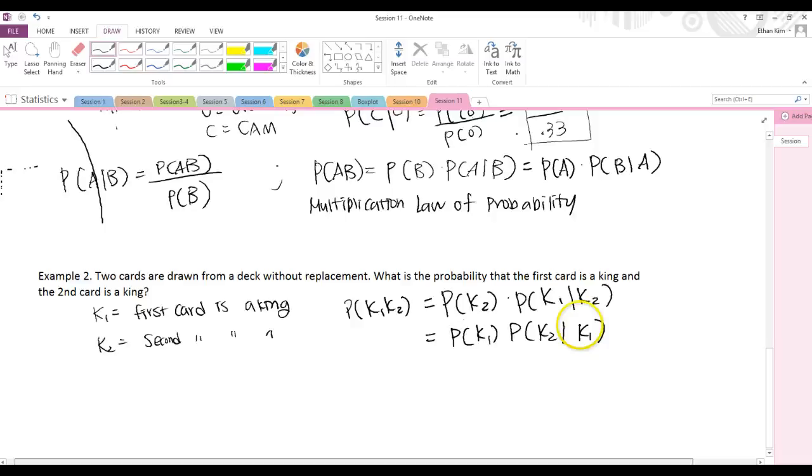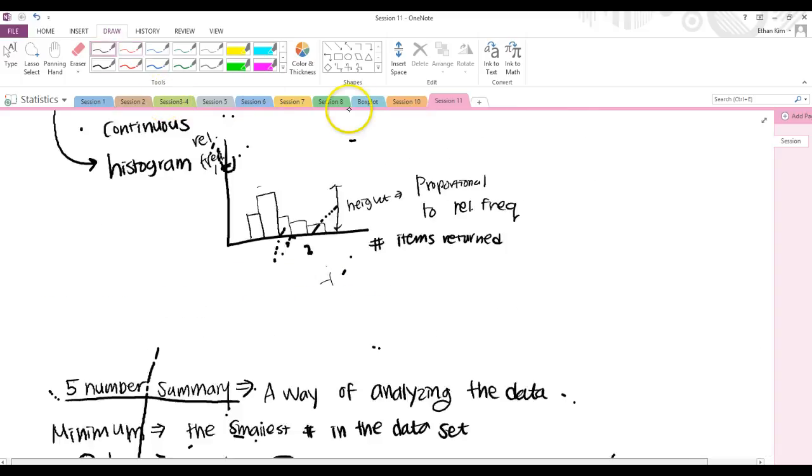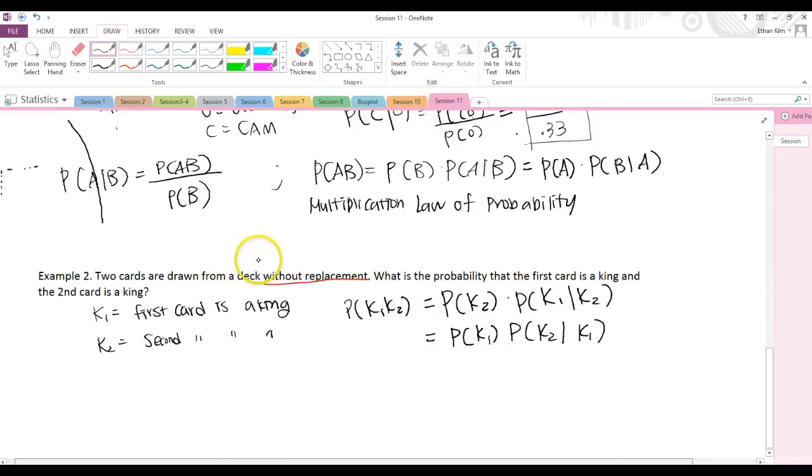And the keyword here is without replacement. What it means is that if you draw one card, we're never going to replace it with another card. So if you draw one card, n will become 51.